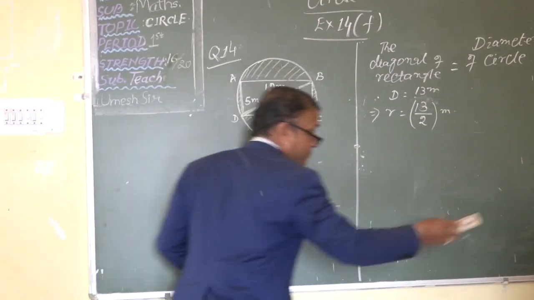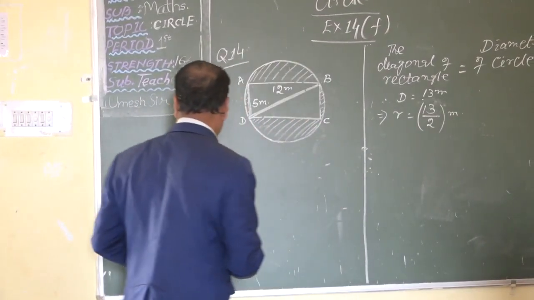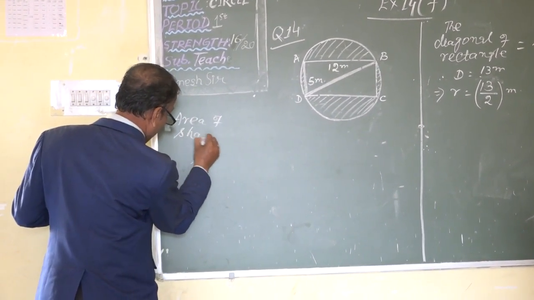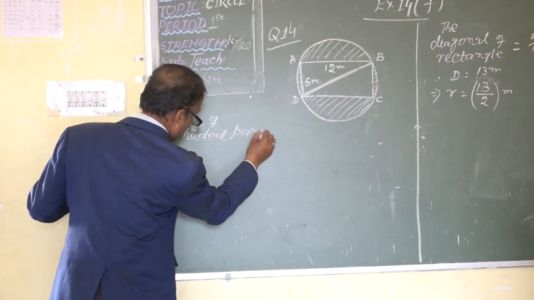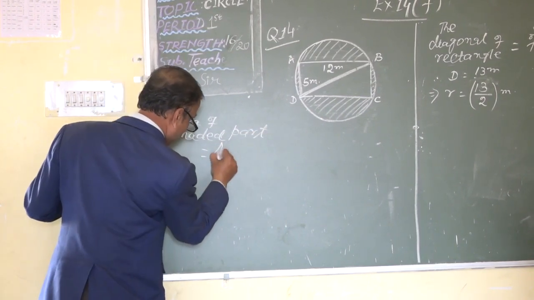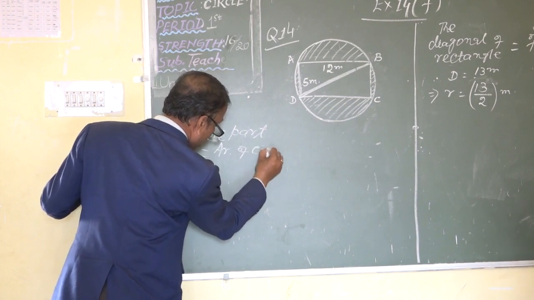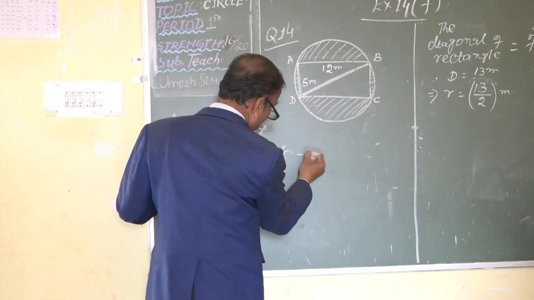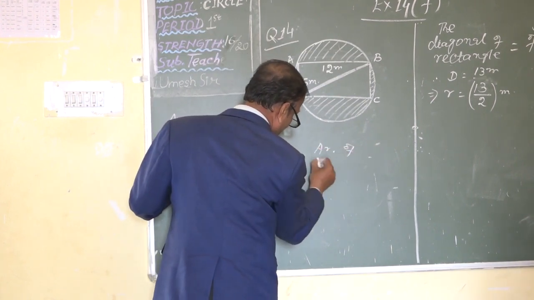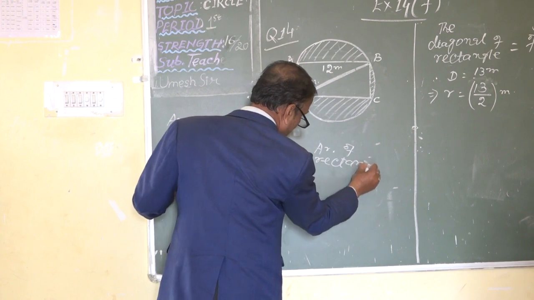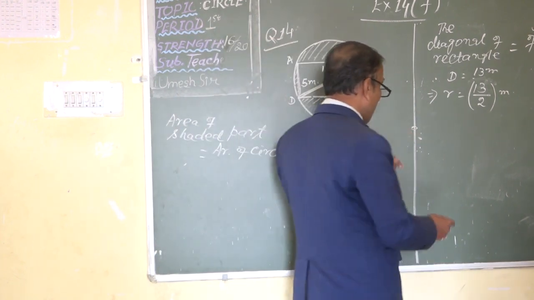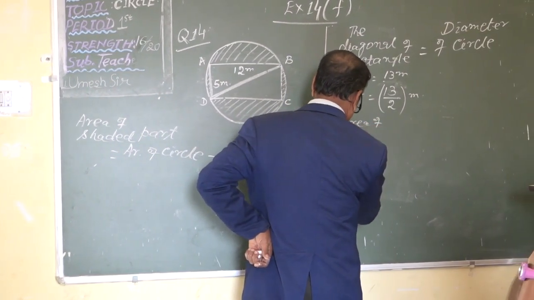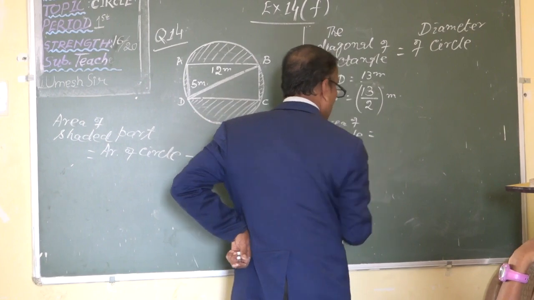So area of shaded part is equal to area of circle. Here shortly I have written AR means area. Area of circle minus area of rectangle. Here you find what is the area of a circle. Area of circle is equal to how much?